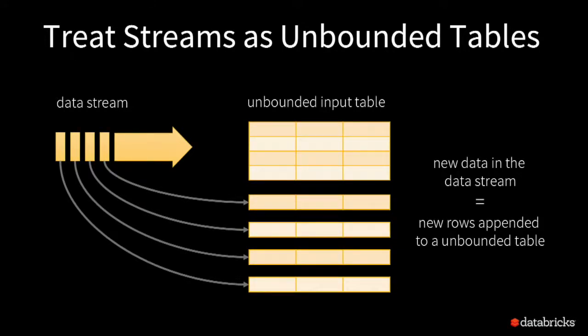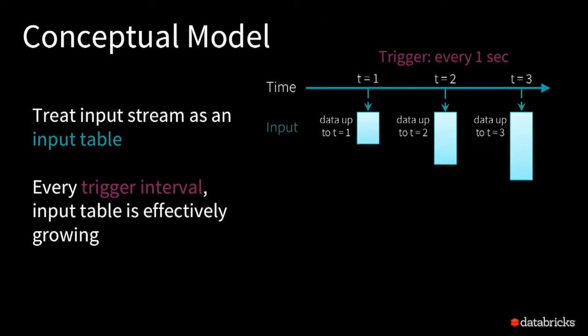Now this is a completely conceptual table, and I'm showing you how you can think about your streaming applications in a different way that ultimately makes things easier to write your streaming application.